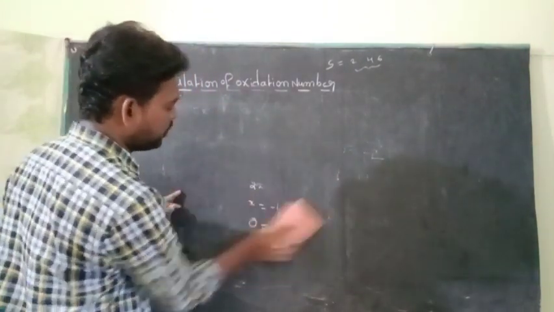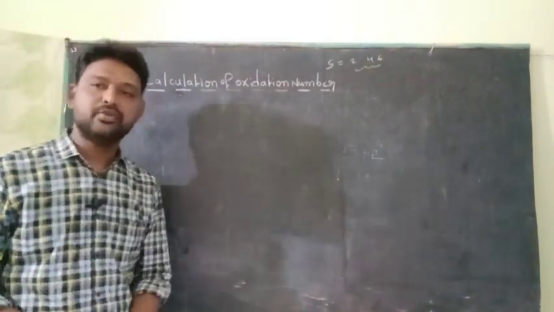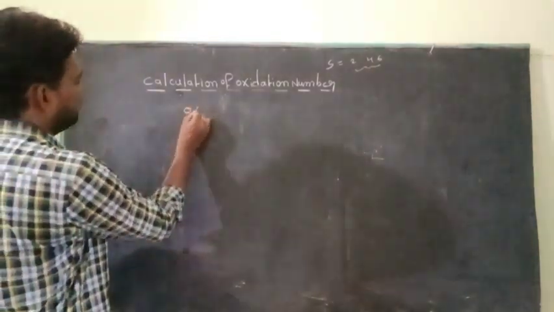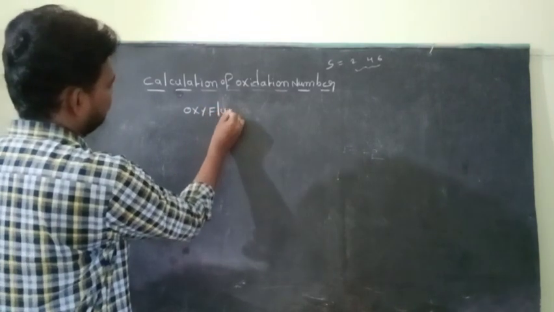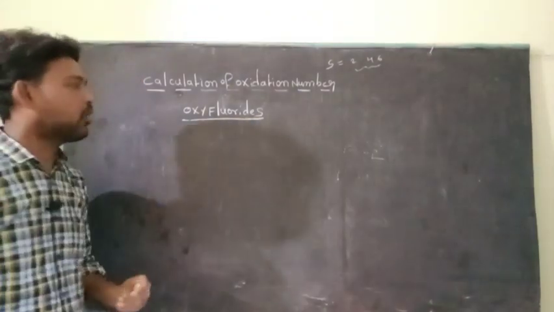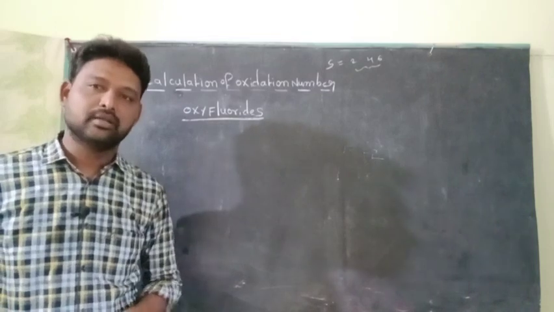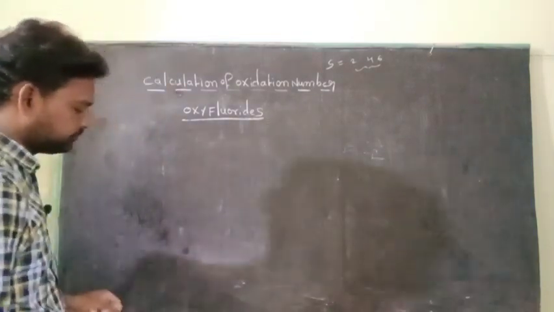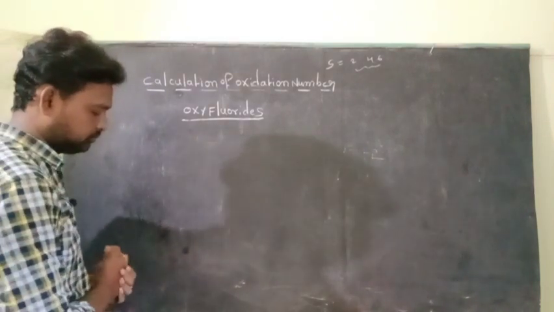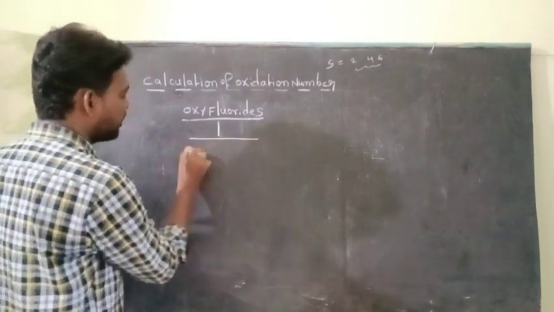We discussed peroxides before. So next, oxyfluorides. In oxyfluorides, what is the oxidation number of oxygen? Okay, so now we can take one example. There are two types of oxyfluorides.